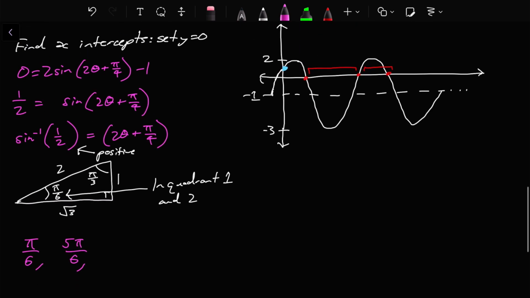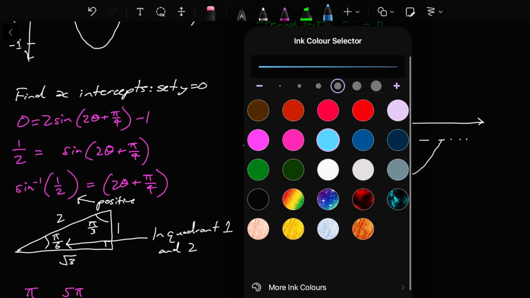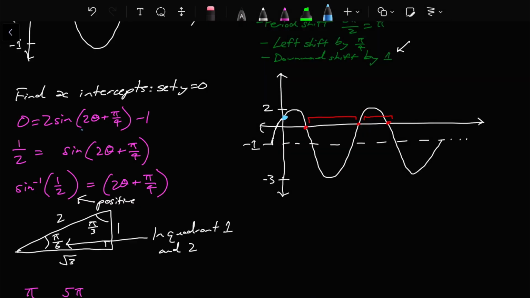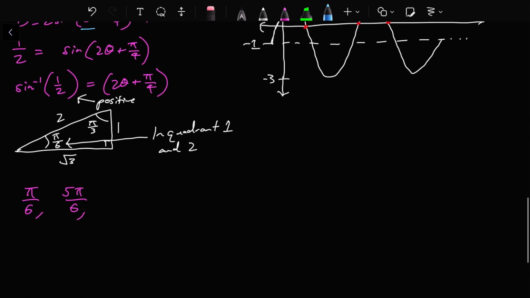Now, technically, if we were working in 0 to 2 pi, this gives us all we need. But because we have a period shift, okay, because our period has been shifted and it's going to get divided by 2, we're going to take this number and we're going to times it by 2. That's going to be equal to 4 pi. And so we're going to add the solutions that get us to 4 pi, knowing that they're going to be divided by 2 to get back within the range.